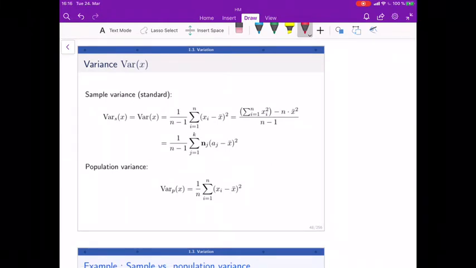Variance comes in two slightly different types. The usual one that you use is the sample variance. I'll explain it in more detail in a second. Basically, if you know what the mean value is, x bar, this is the mean, then you take the difference of every data point from the mean, square it, and you sum that up over all data points.